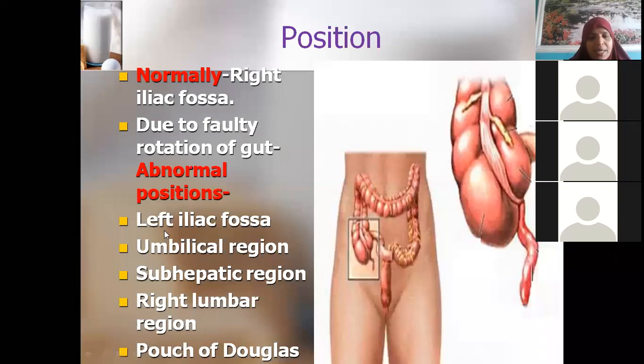Instead of the right iliac fossa, sometimes we may find it in the left iliac fossa, sometimes in the umbilical region, sometimes below the liver in the subhepatic region, sometimes in the right lumbar region, sometimes also in the pouch of Douglas. These are all abnormal positions due to faulty rotation of gut due to faulty embryonic development.